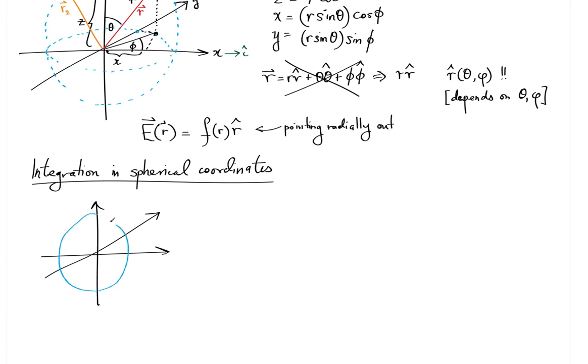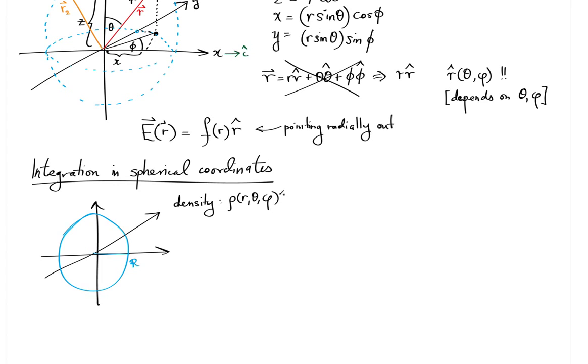The density may not be uniform, so it could be, in general, some function of r, theta, and phi.